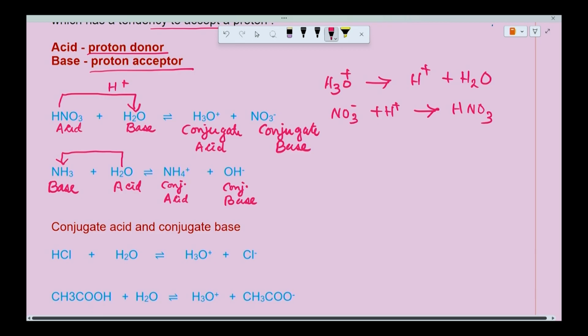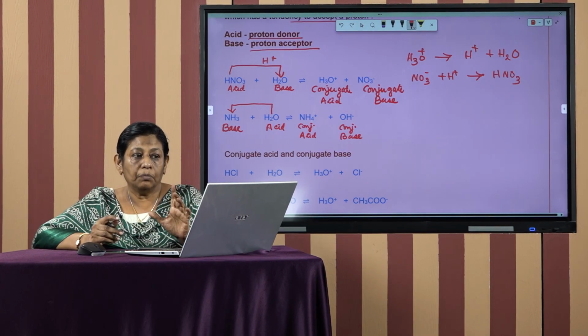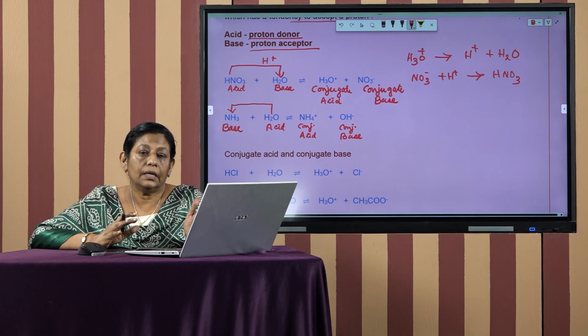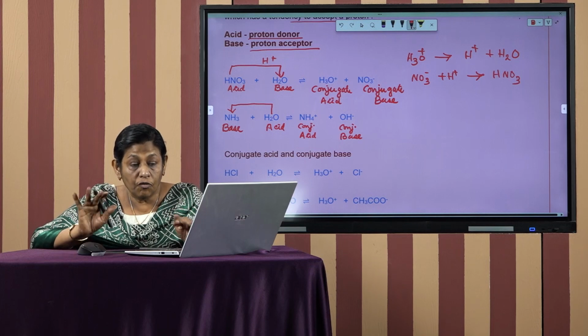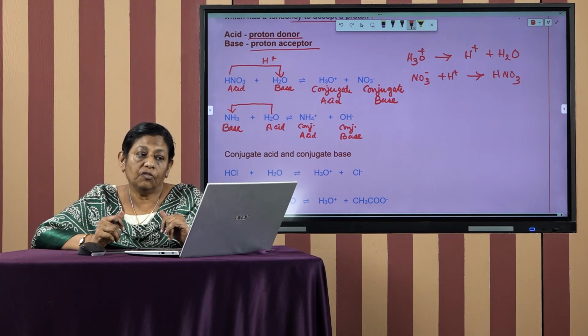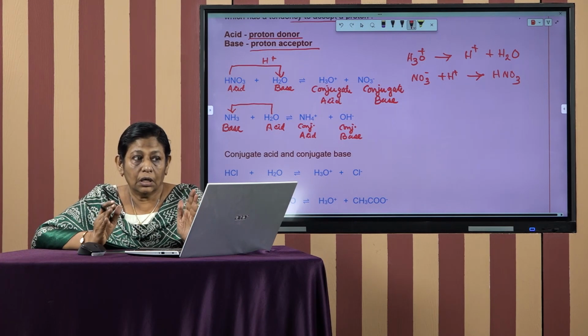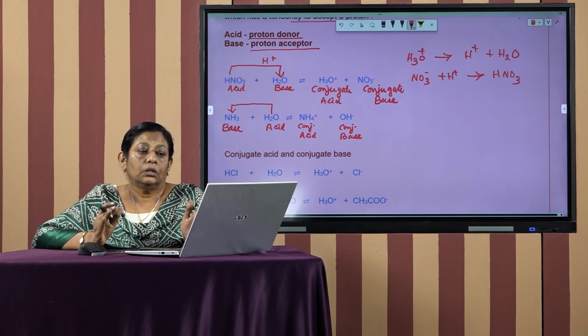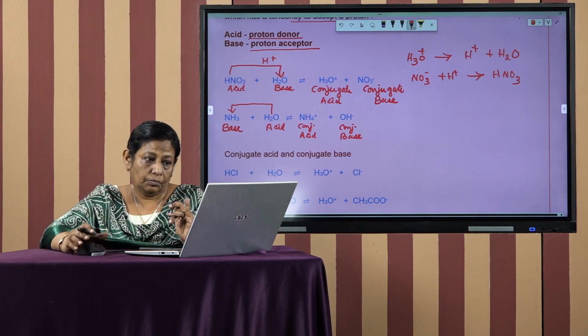Hope it is clear. And now you can see in both cases you have an equilibrium, because in the first case acid and base react to give a conjugate acid and a conjugate base, which can react back and give back an acid and a base. So, we consider in this concept that there is an equilibrium existing between these two.